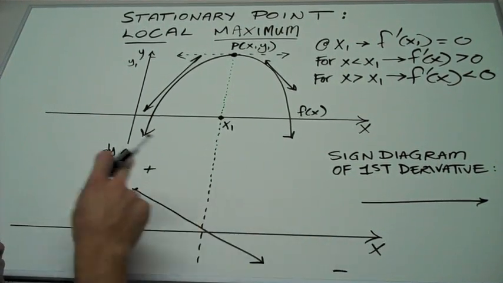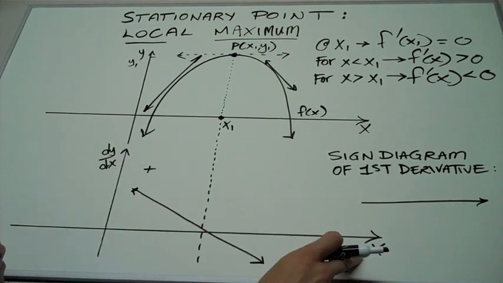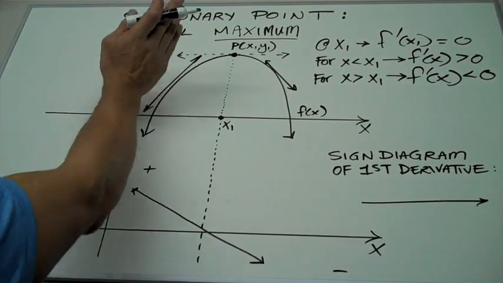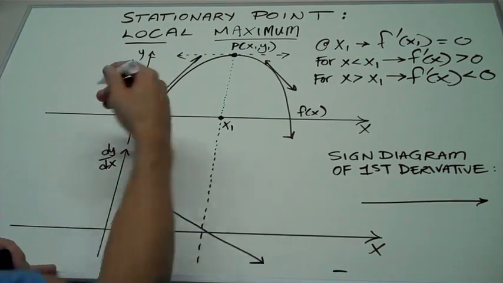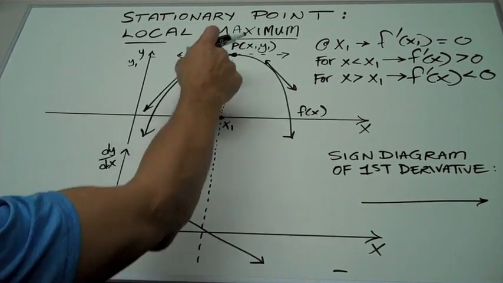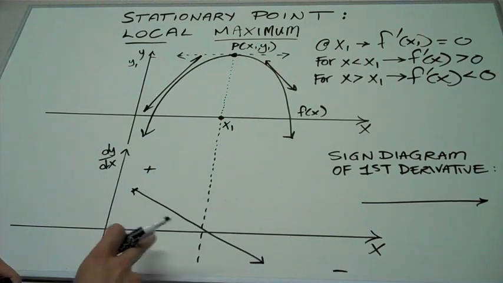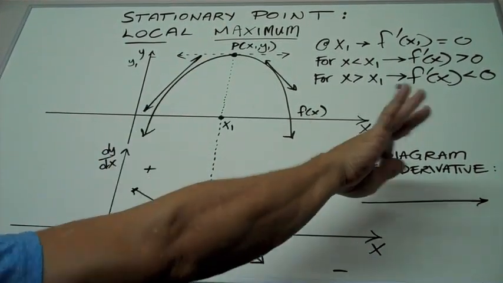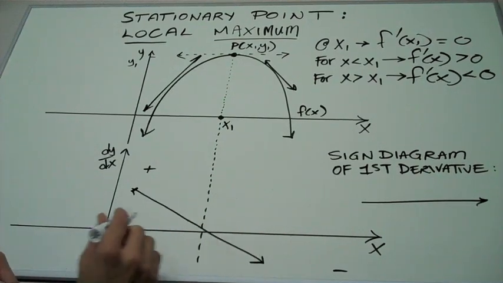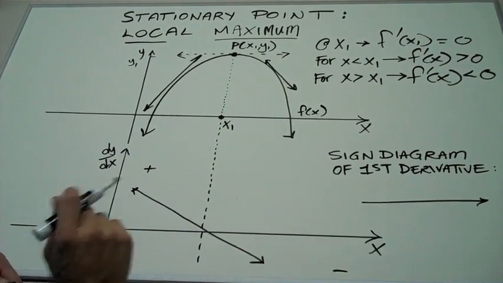We're graphing the derivative, dy dx, against x. Our derivatives went positive, so I'm above this x-axis. These are all positive values for our derivative. Then we go to 0. Well, here is our dy dx, and we go to 0 at this point here. And then for values greater than x1, our derivatives are negative, so they're down below the x-axis.